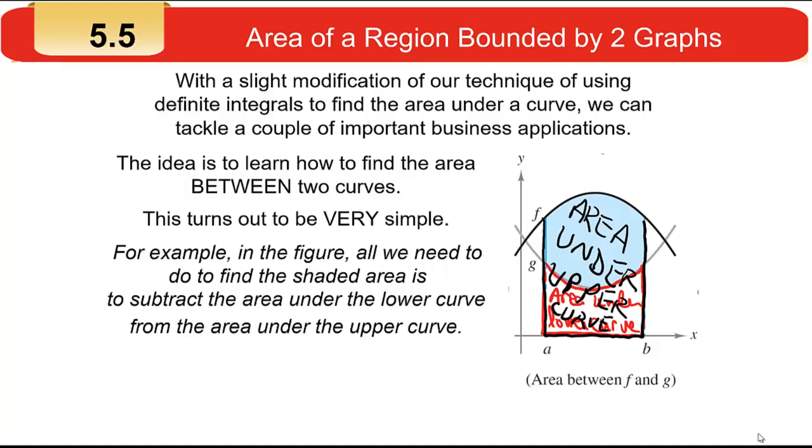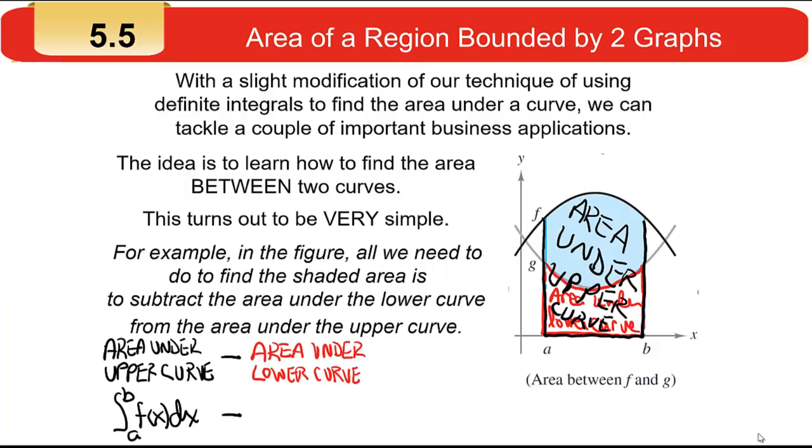We take the area under the upper curve, which takes you all the way down to the x-axis, and then we subtract off the area under the lower curve. Upper curve area is represented by the integral of the top function, which is f, from a to b, minus the area under the bottom curve, or the lower curve. In that case, that would be the g function from a to b, and that gives you the area between, which is what we're looking for.